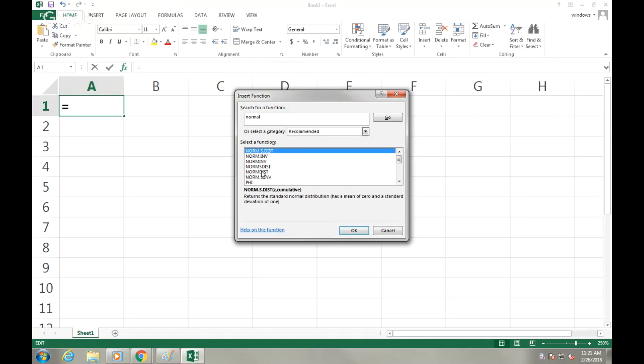We want normal without the S, because the one with the S means you already know your mean and standard deviation are 0 and 1 respectively. This is the so-called standard normal distribution. But to just learn one command, norm dist does it. The other command we'll need later is, for norm dist, we're going to find probabilities.